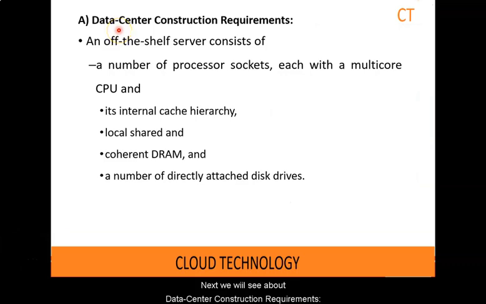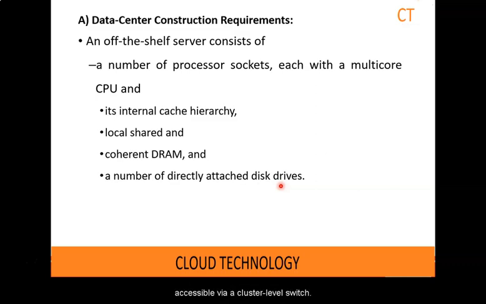Next, we will see about data center construction requirements. Most data centers are built with commercially available components. An off-the-shelf server consists of a number of processor sockets, each with a multi-core CPU and its internal cache hierarchy, local shared and coherent DRAM, and a number of directly attached disk drives. The DRAM and disk resources within the rack are accessible through first level rack switches, and all resources in all racks are accessible via cluster level switch.